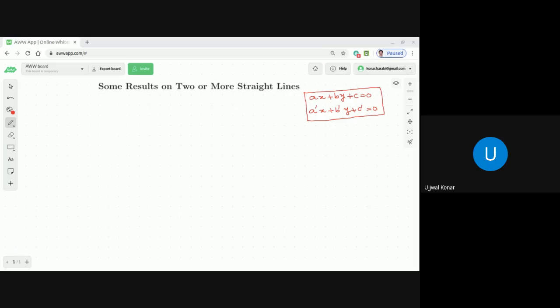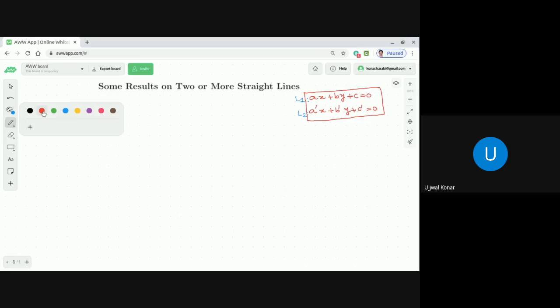Now let us define these two straight lines. L1 is the straight line represented by ax plus by plus c is equal to 0.